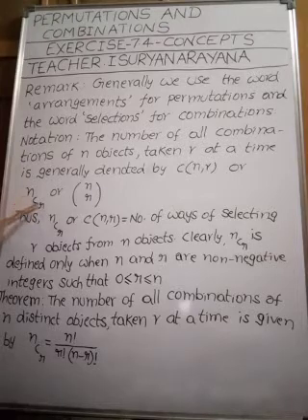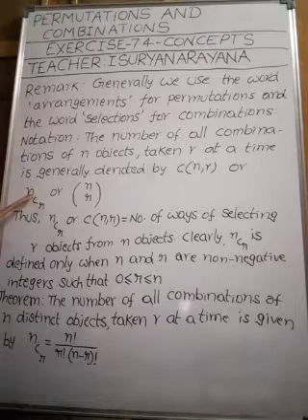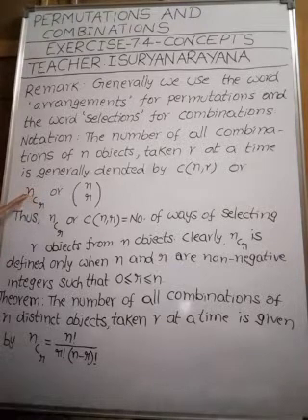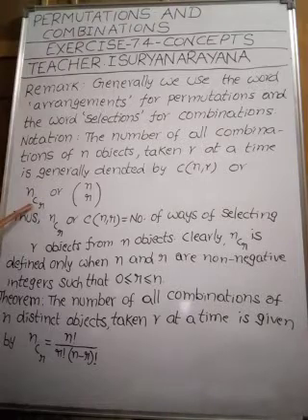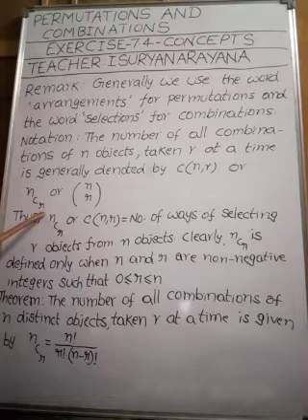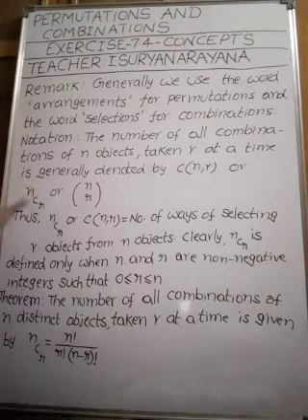Understood this point, my children, you should not write these three letters in the same line. For this n, you have to write it as a subscript, then capital letter C, and for this capital letter C, we have to write small r as a subscript. This is the correct notation.